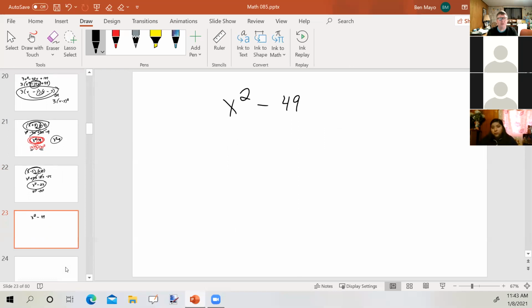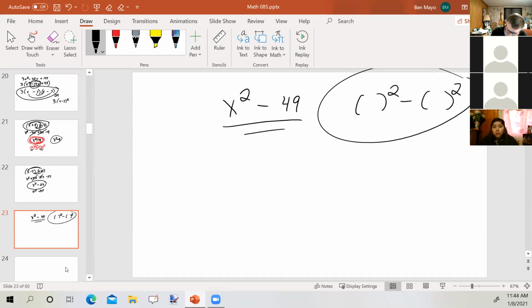It doesn't have a greatest common factor. It doesn't have a negative leading coefficient. So my question is, is it in fact the difference of two squares? Could we take this and write it like this? Well, x squared could be written as x squared, and 49 could be written as 7 squared.